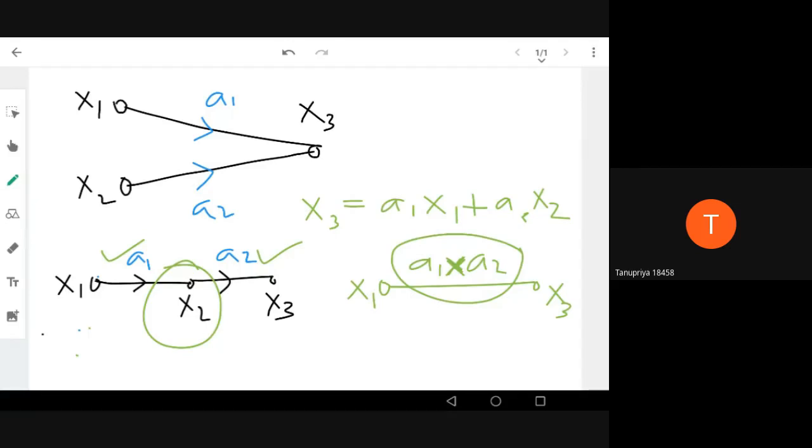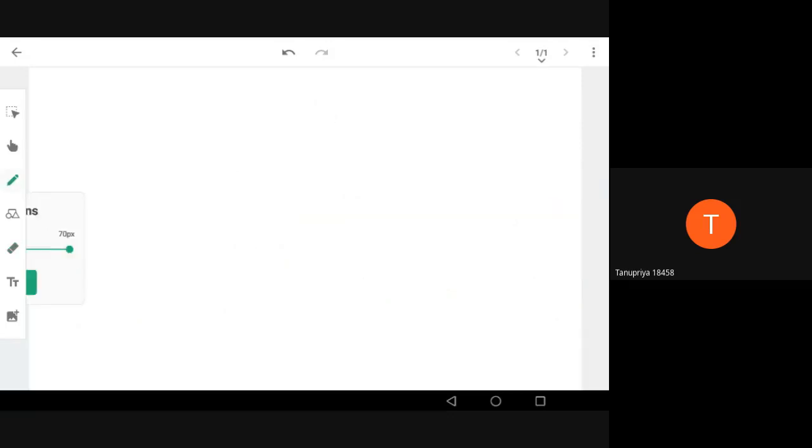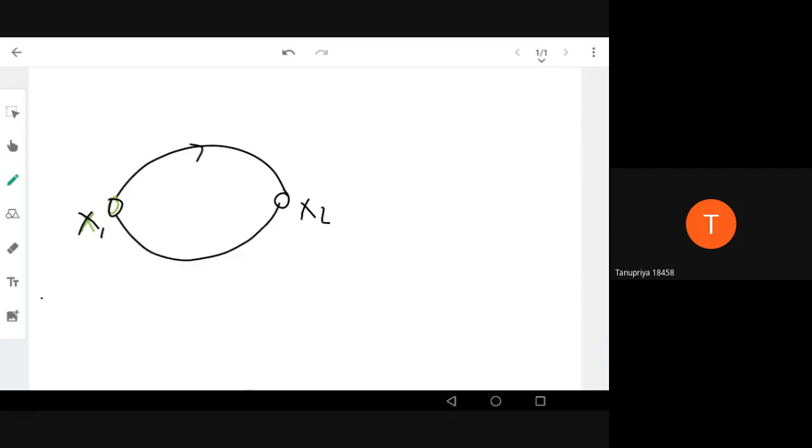Okay, so there can be another case: we have a node x1 and two paths going to x2, one in this way, another in this way. If this gain is A and this gain is B, how can you write it?